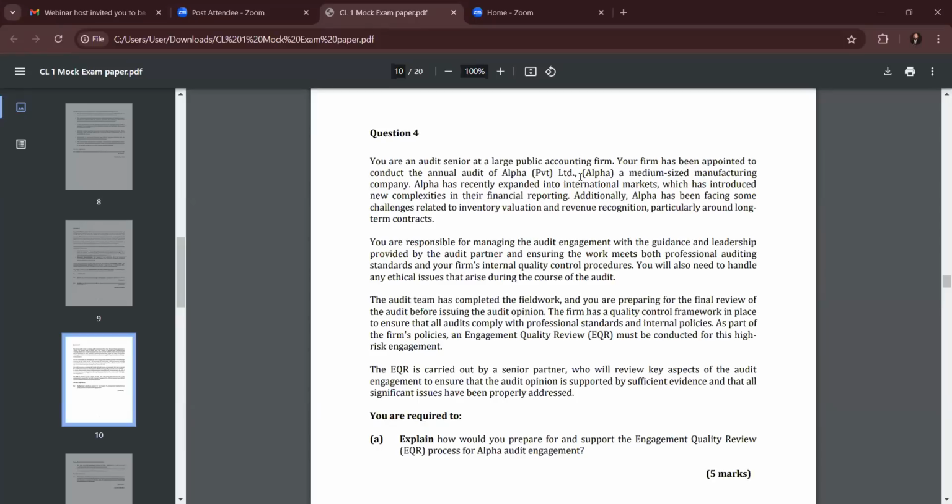Write in a different color. Risk assessment and analytical procedures.